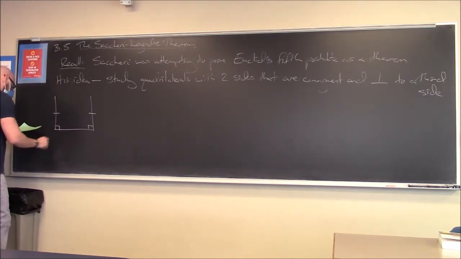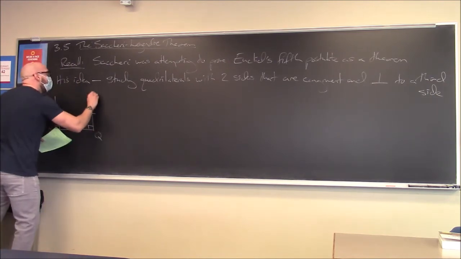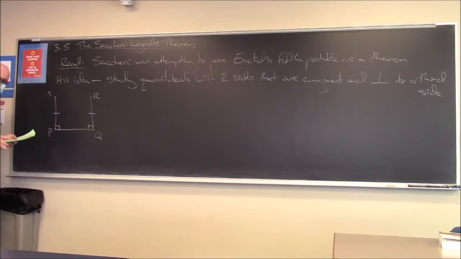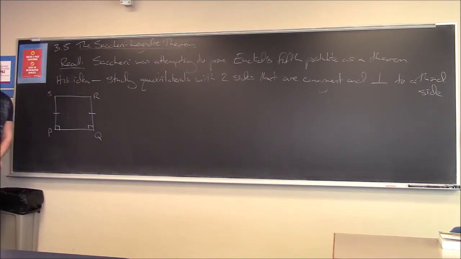Let's call it P, Q, R, and S. So this is what he has. Obviously, in the Euclidean realm, these two angles here, S and R, are also going to be right angles.